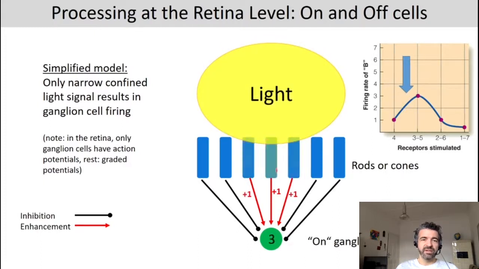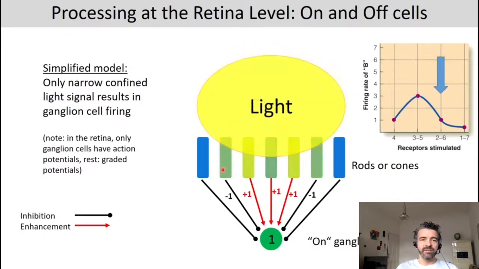If there's light on all three of these photoreceptors, you can still see they're activating, enhancing, so we have the maximum signal here. If there's more light, we have inhibiting connections here, so the signal is decreasing again.